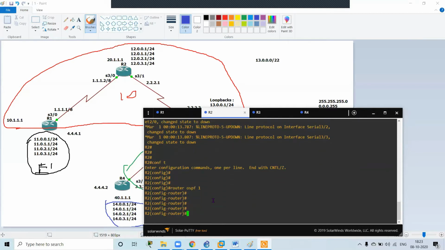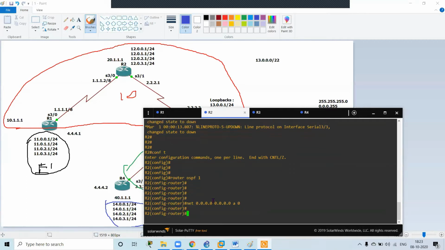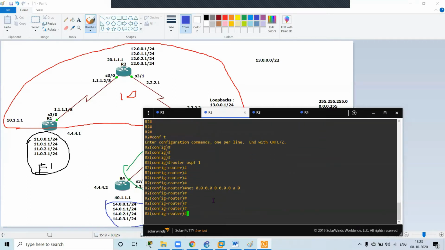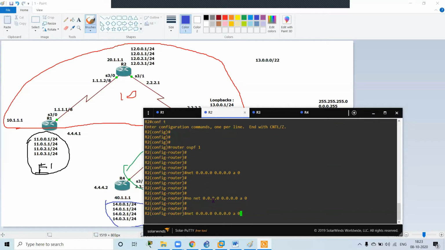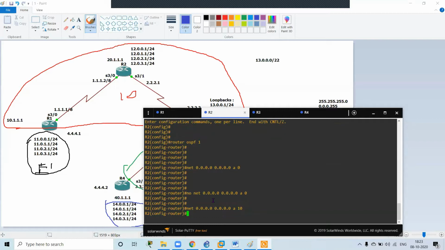router OSPF 1, whatever networks are there on this router, configure them in area, sorry, not in area 0, area 10.